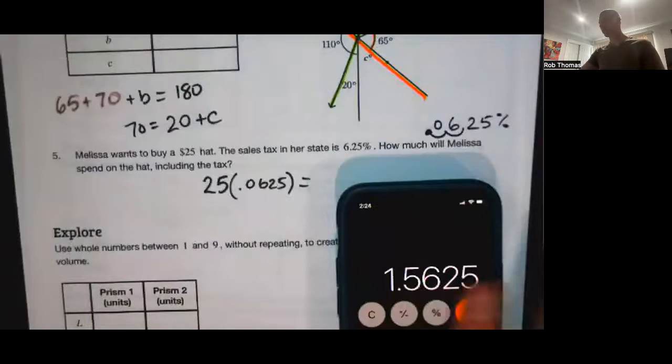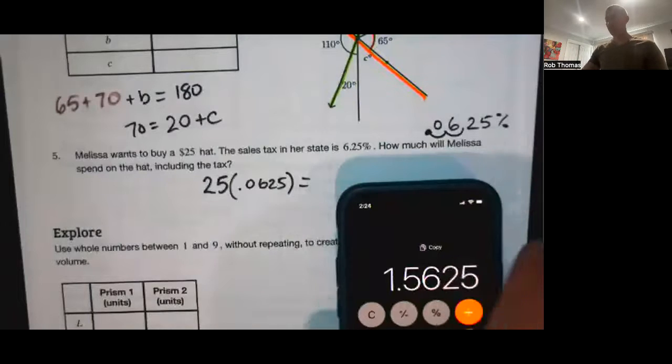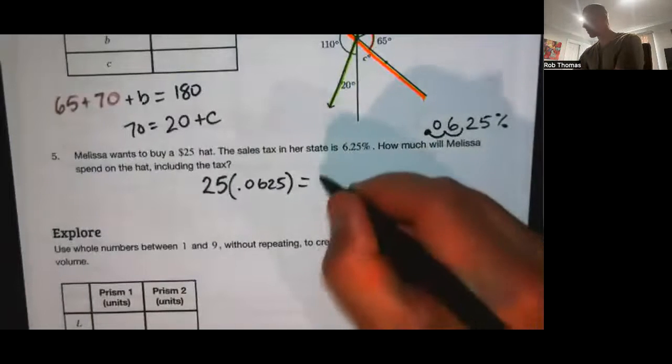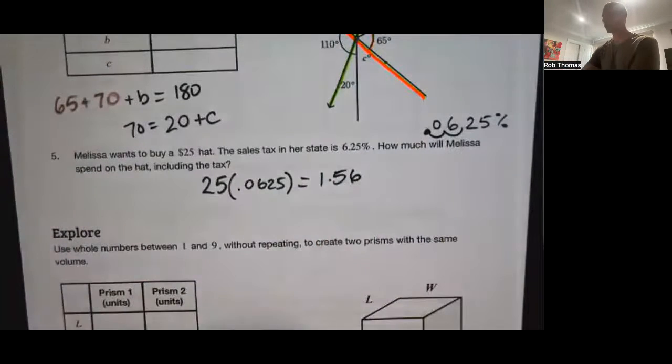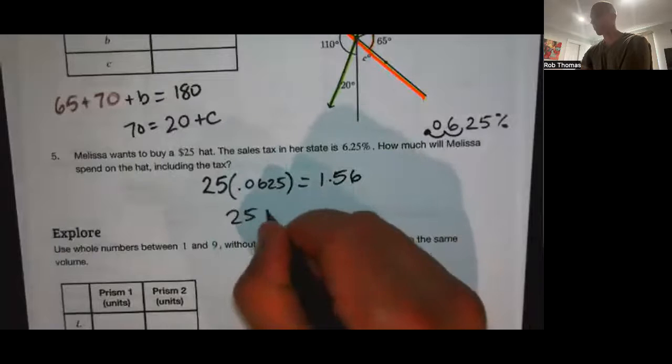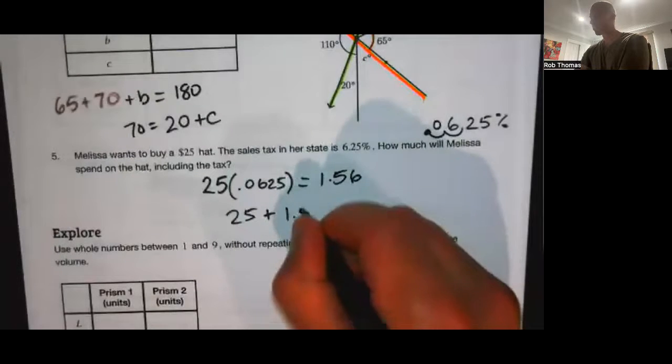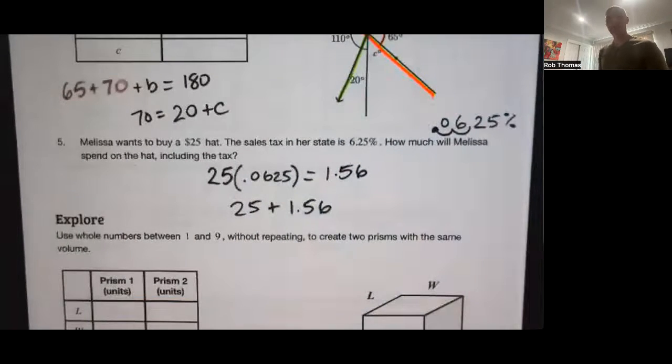But I think let's keep this down to $1.56. All right, so this equals $1.56. But that's just the tax amount. They want to know how much are they going to spend total. So you should finish this question off by doing $25 plus that tax amount of $1.56.